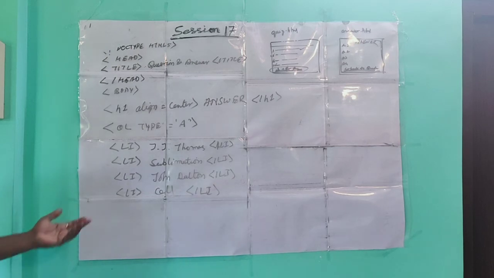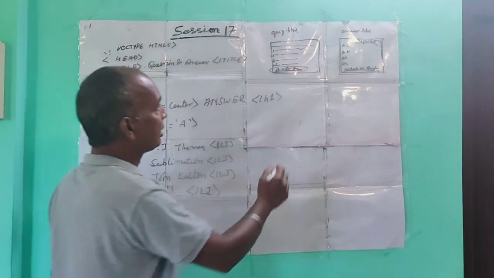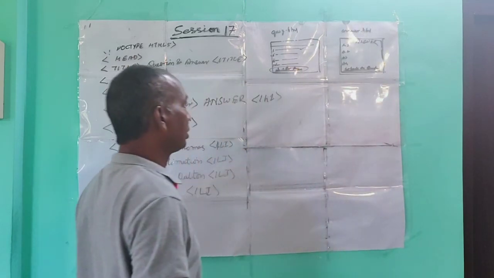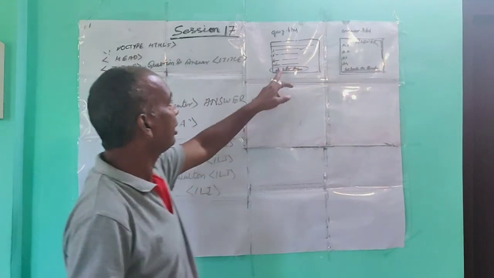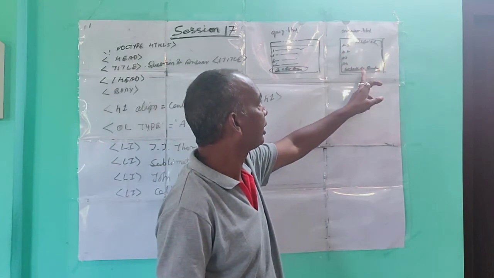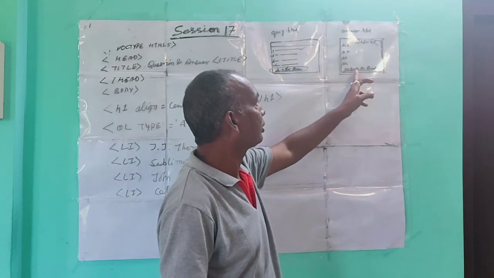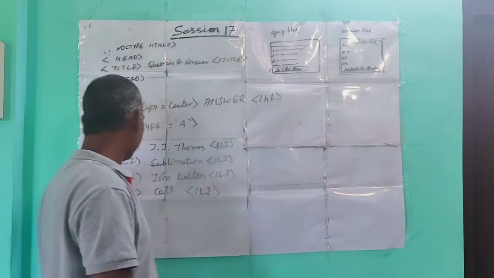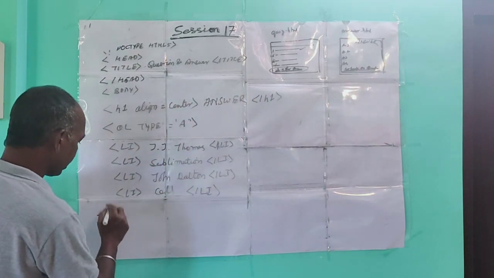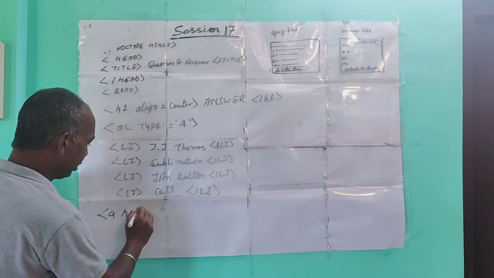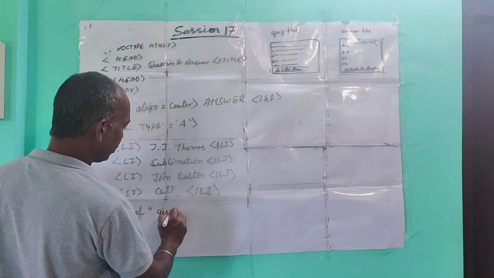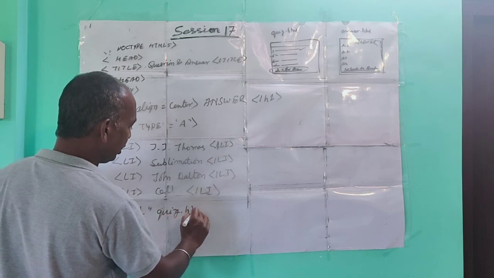After that, at the bottom of the answer page you see go back to questions. If you click it here, this page will open. For this, we will also create one link at the bottom. A href, here you write quiz.html.